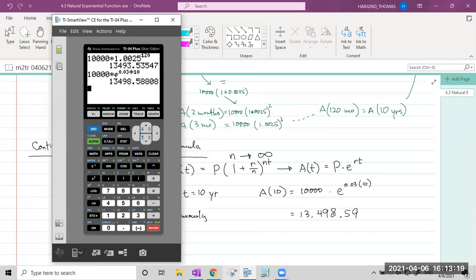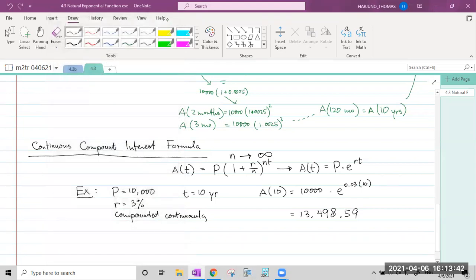Okay, so some people may ask, oh, Thomas, don't you think that if we compound it more often, then the money we have at the end of 10 years will be more? It is true. But the thing is, however often you compound the money, there's a limitation how fast your money can grow.